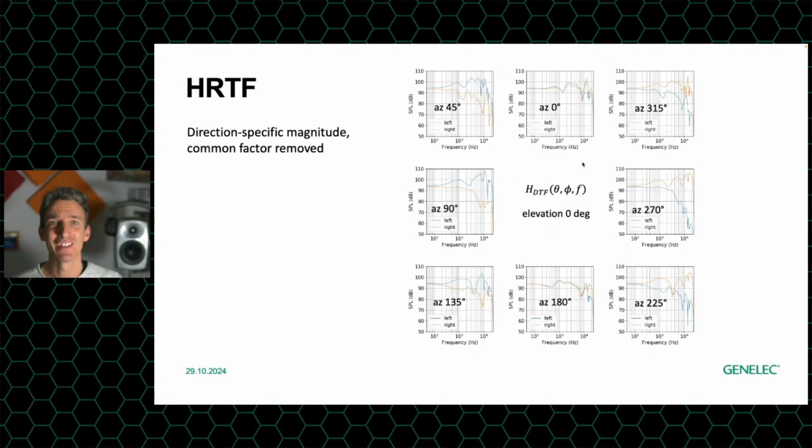And unfortunately, this is different for every single position. So every sound source somewhere in the room will have a different frequency response and a different pattern of phase and time of flight. Just to pick a few, for example, this is from just in front of you, so you see left and right are pretty similar. This is 45 degrees to the left and to the right, and you see the level is already lower on the opposite ear.